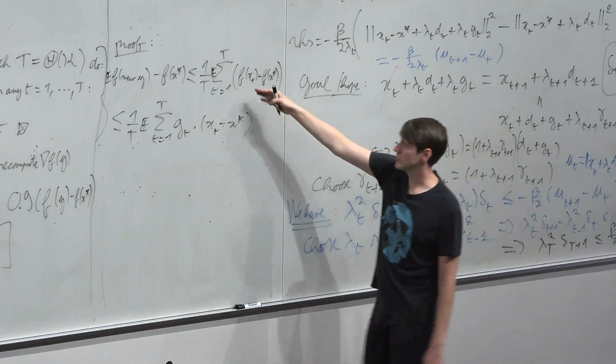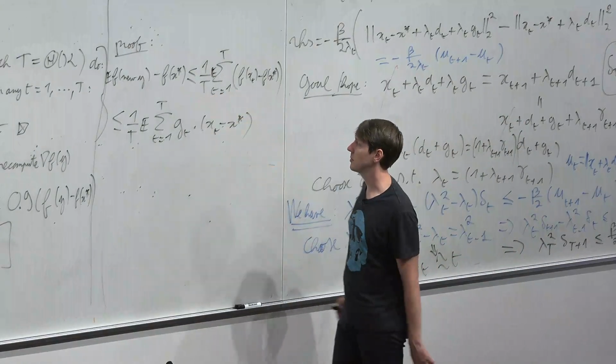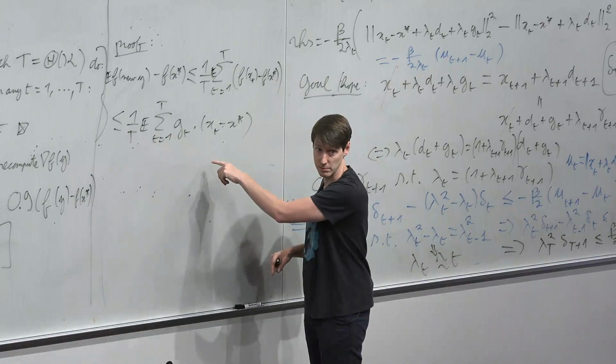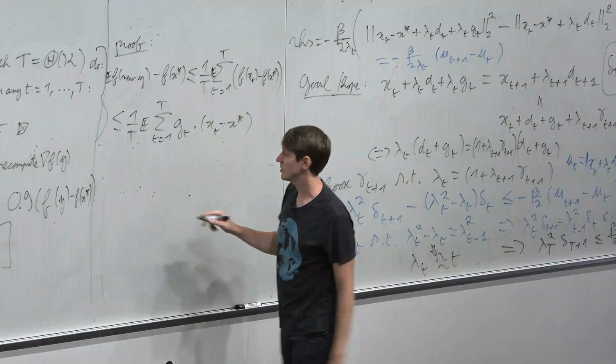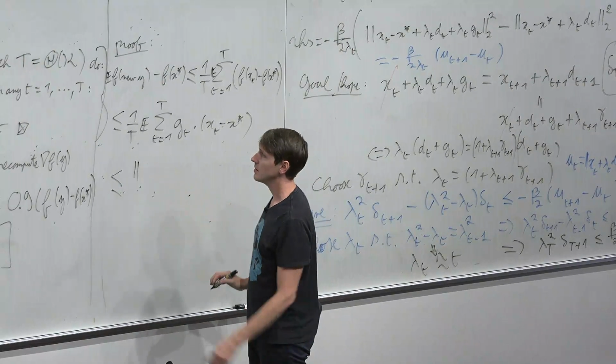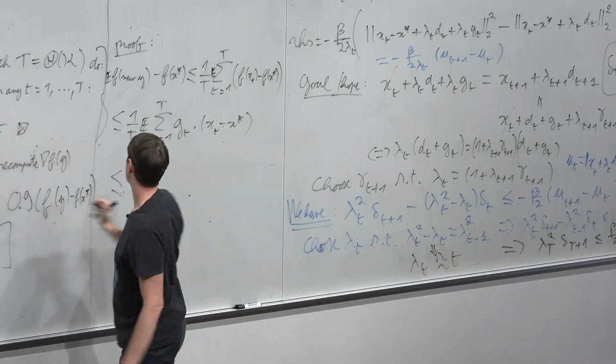Right? This is just my new error is upper bounded by this. But my algorithm is exactly gradient descent on those gt. So again, we have done this calculation several times. This is upper bounded by your distance at the beginning. You start with x1, which is y.